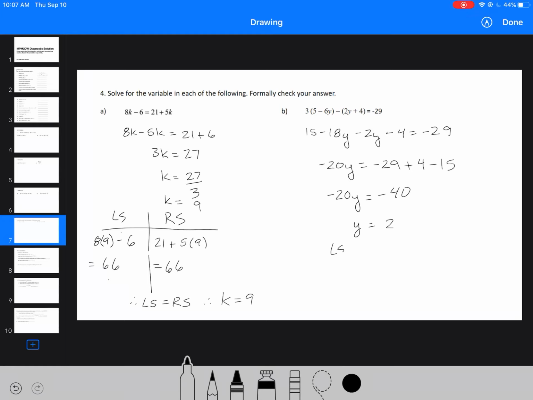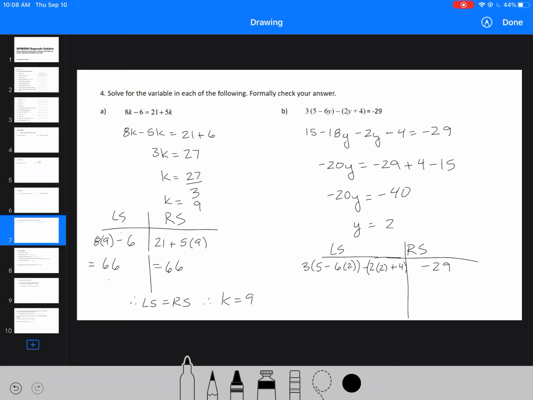And then I can check my answer formally again. Here, left side, right side, 3, 5 minus 6 times 2. Move this over a little bit. Minus 2 times 2 plus 4.